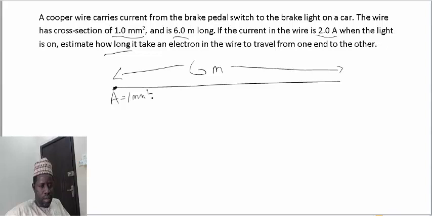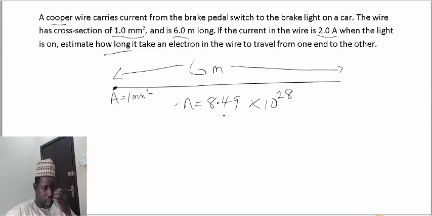We are told it is copper, so we are going to assume the charge carrier density is as in the previous question, 8.49 times 10 to the power 28 per meter cube.